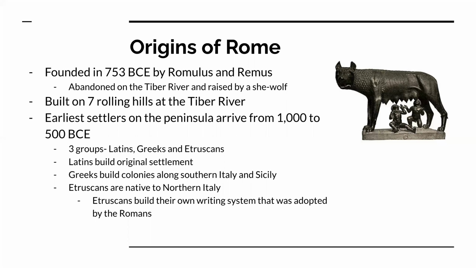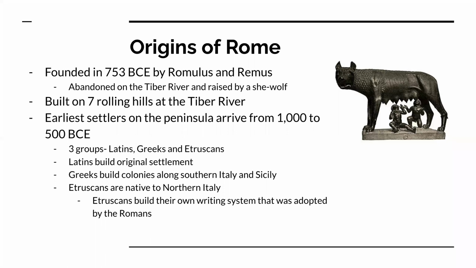And then lastly, the Etruscans, who are native to northern Italy. They build their own writing system that's actually going to be adopted by the Romans. And all of these groups influence Rome's architecture too, especially the use of the arch. And we will look at that as we go into these ideals too.